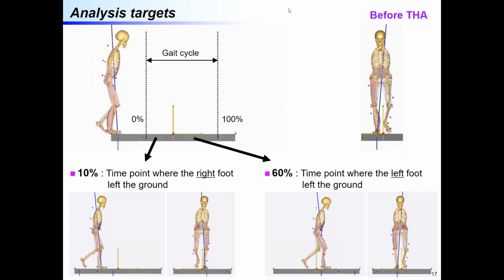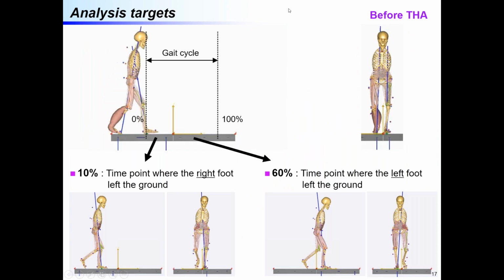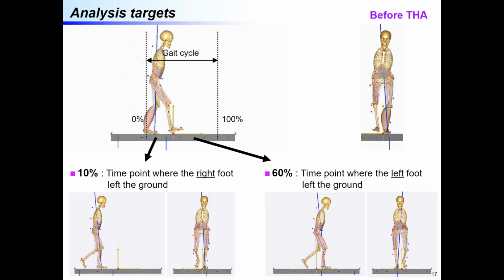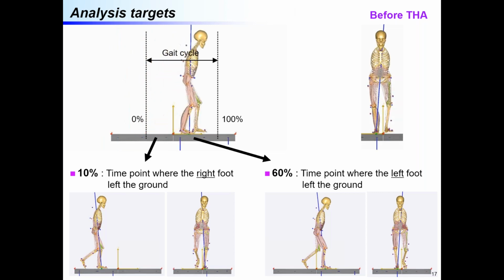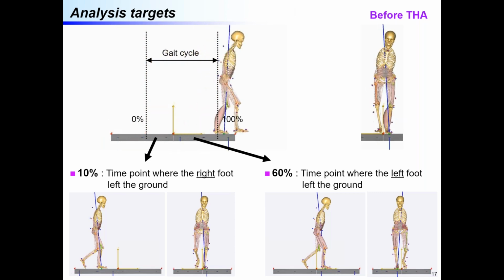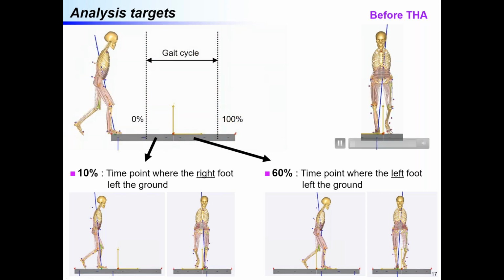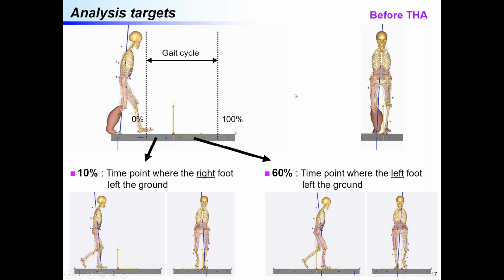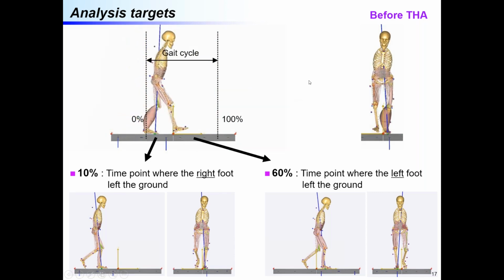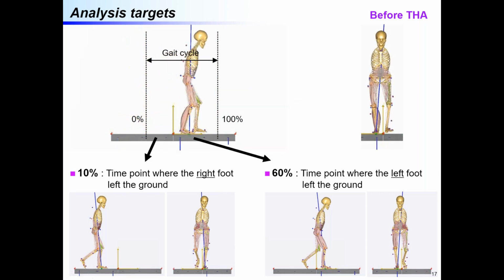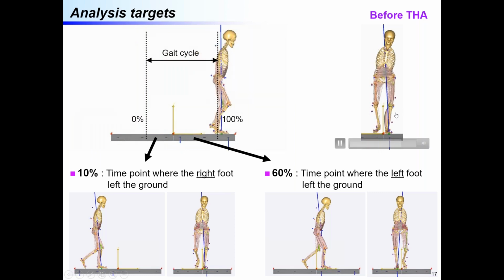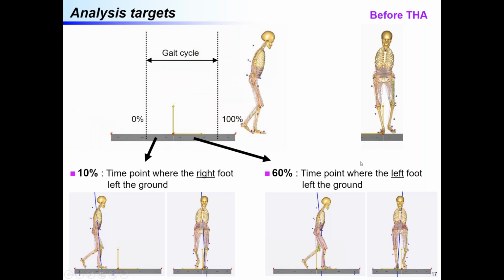As an analysis example, we focused on one gait cycle, especially the 10% time point where the right foot left the ground, and the 60% time point where the left foot left the ground. As you see, the patient has a symmetric gait posture before THA.